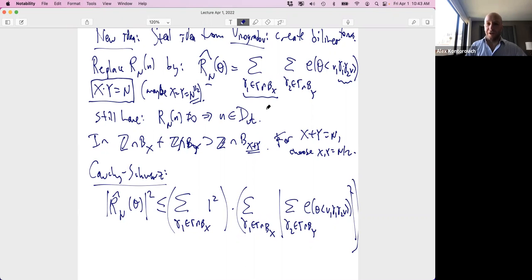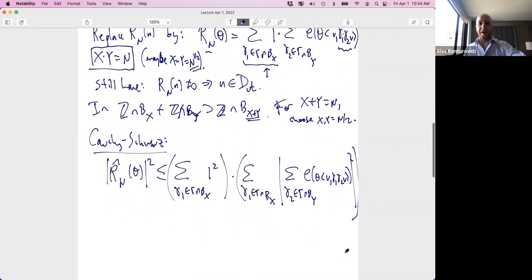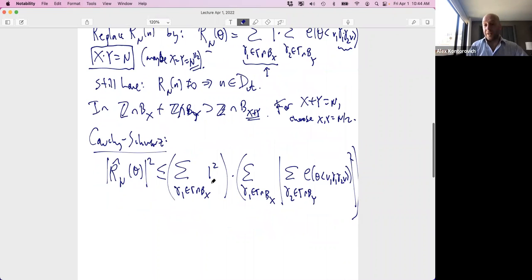So this is Cauchy-Schwarz in this variable. I'm treating this as 1 times this thing. I have a 1 squared raised to the 1/2, but I'm squaring the other side. So far, so good. In this first variable, there's nothing to do. There's nothing to save.